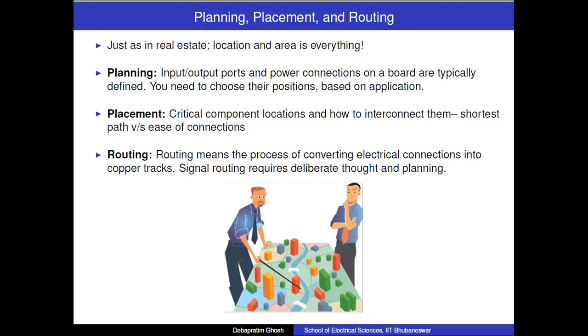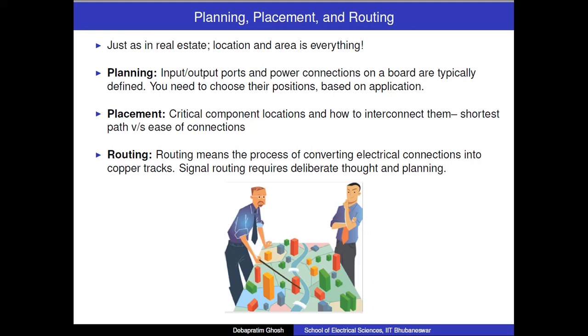Now placement has to be done in such a way that ideally every two components must be connected through the shortest path possible. The shortest path means least resistance, so it is a very attractive approach. But there can be certain times when the shortest path may not be able to serve the correct purpose.